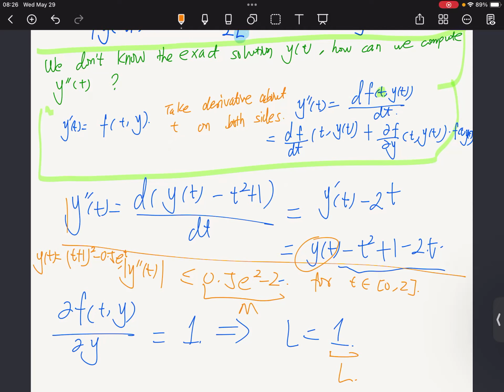It should be the initial value problem, Euler's method. Okay, this is the question we have.